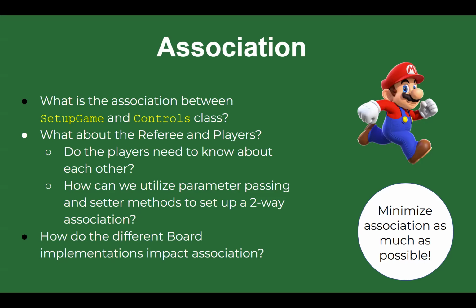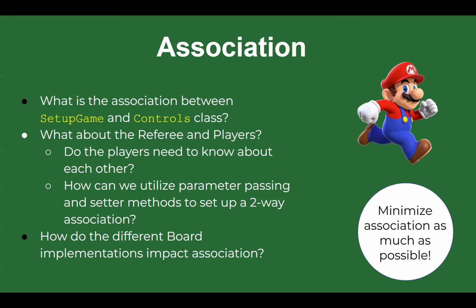And then the other question is how do the different board implementations impact association? So that has to do with the copy constructor, or how you choose to represent your board as well. So you want to think about when you're making a copy of the board, what's the best way to get all the information from one board to another.